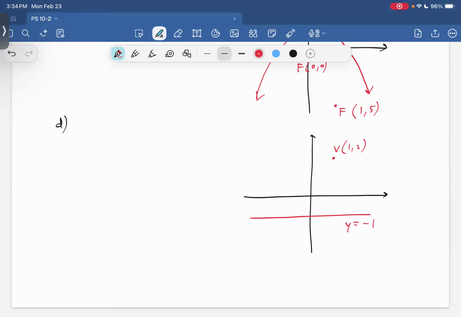Because to go from the directrix to the vertex, that's 3 units, and so we need to go another 3 units to get to the focus. This is +3. This has to be another +3. So that means the parabola is going to be upward facing. So we have x minus 1 squared. P is going to equal +3. It's 12 times y minus k, which is y minus 2.